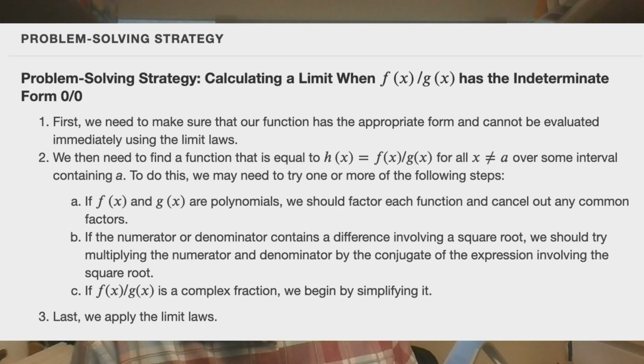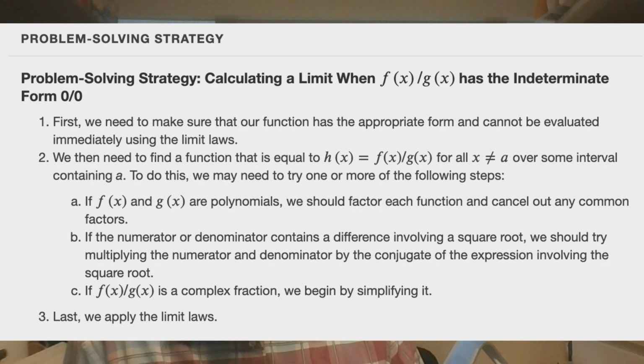But for now, what we want to do is use some basic algebra to rewrite the expression so that things might cancel and then you won't have an indeterminate form of 0 over 0 anymore. So there are things to do, like if you have a polynomial, you can factor the polynomials in the top and the bottom, and hopefully we can cancel the things that they have in common.